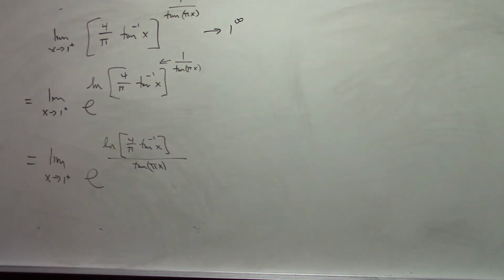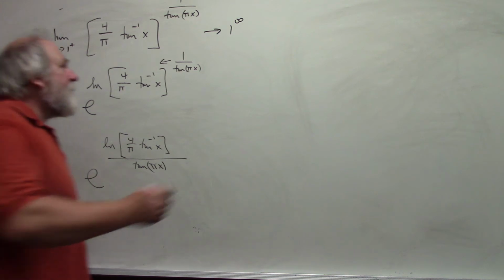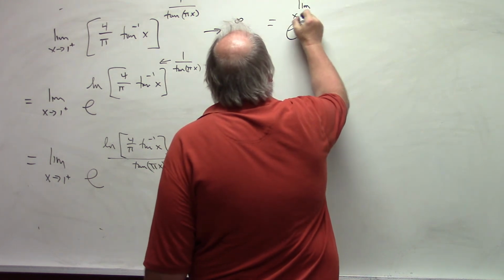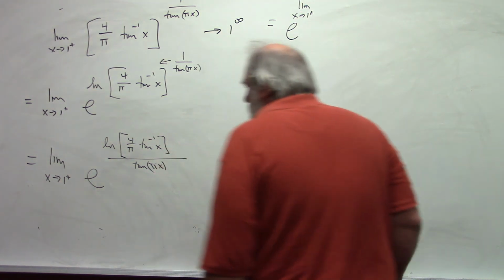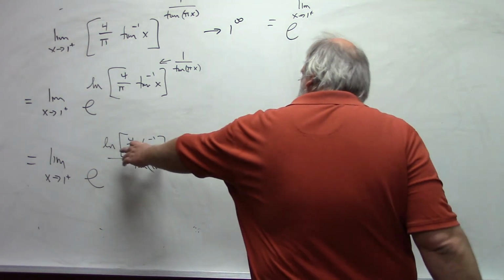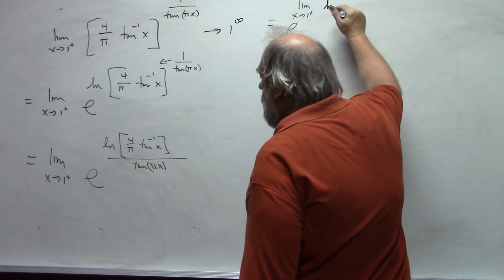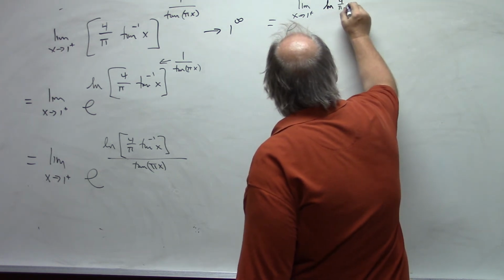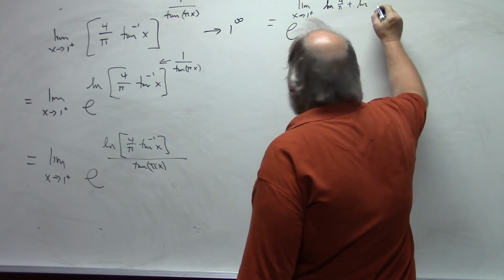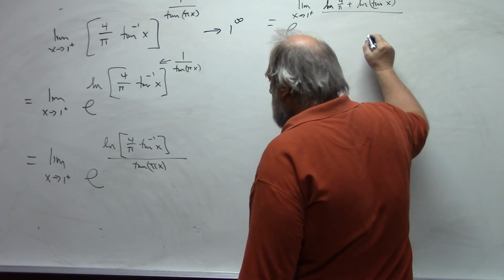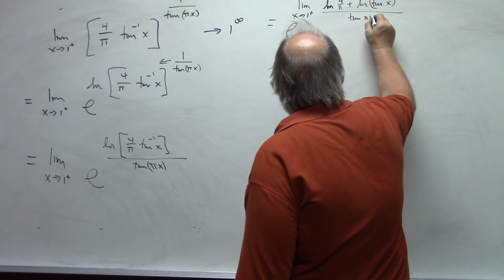Since that's in the denominator, I'm just going to go ahead and write it as a fraction. And I will now move this limit on the inside. And so we get then e to the limit of, and I'm going to use rules of logarithms here, make life a little simpler. It's the natural log of 4 over pi plus the natural log of arctan of x, divided by tangent pi x.